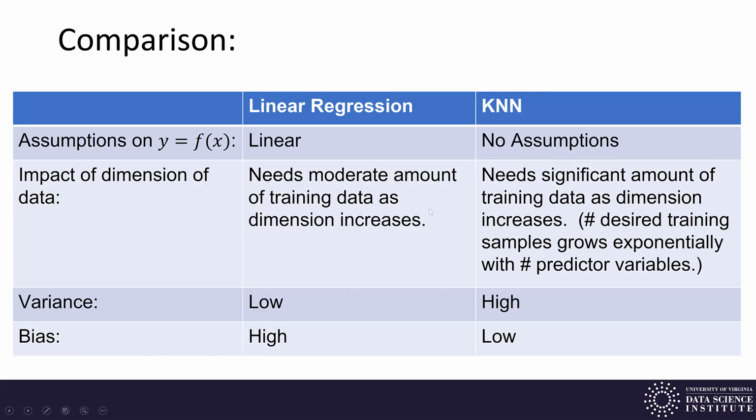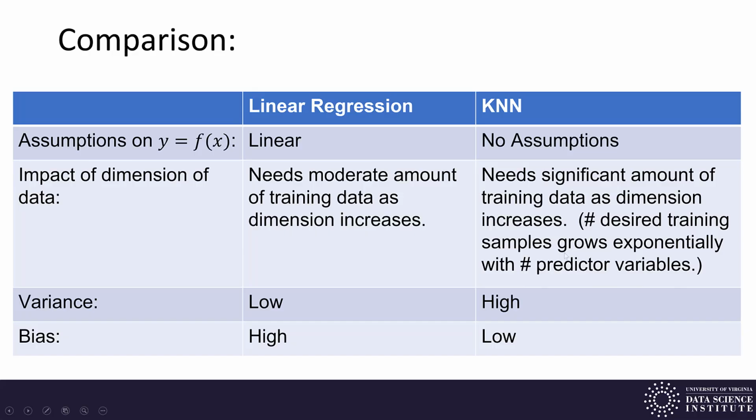Linear regression will need what I vaguely would term a moderate amount of training data. K nearest neighbors needs a significant amount of training data as the dimension increases. And in fact, we know that the number of desired training samples will grow exponentially with the number of predictor variables.